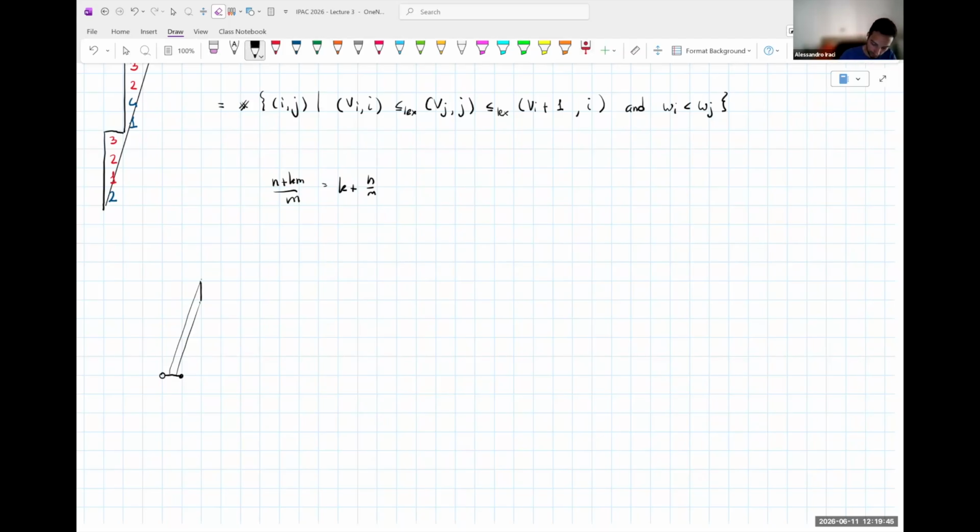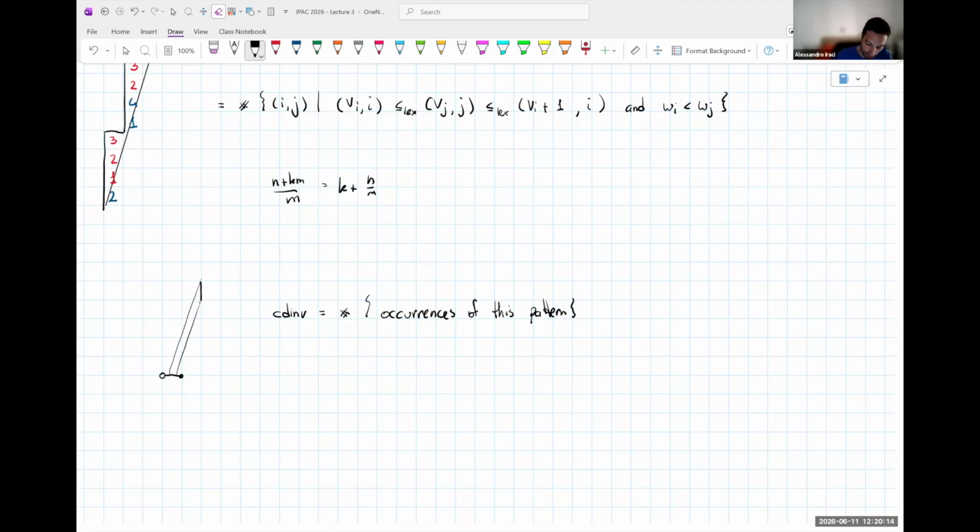So this is the number of such things, I guess, with the plus sign, of this pattern.